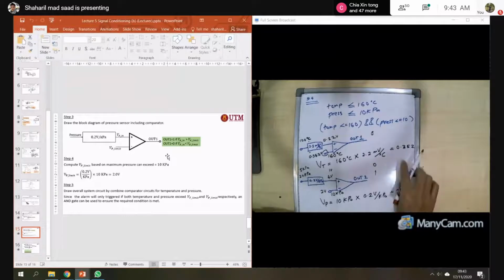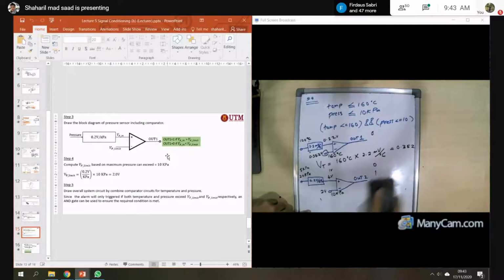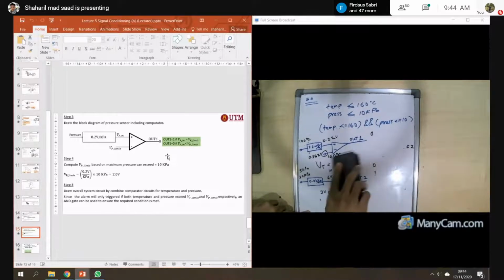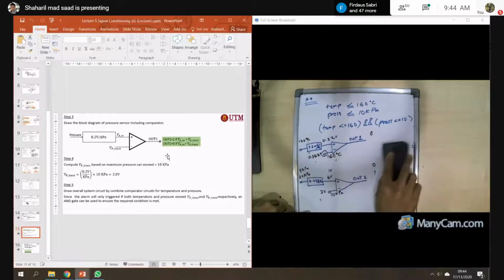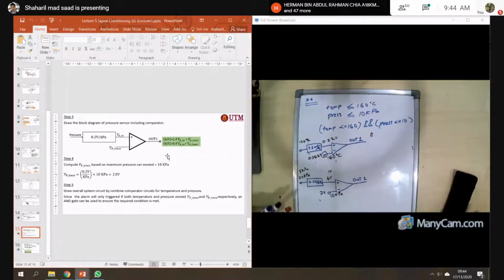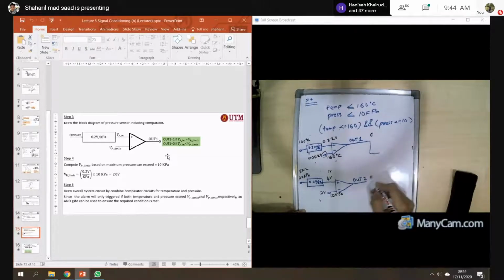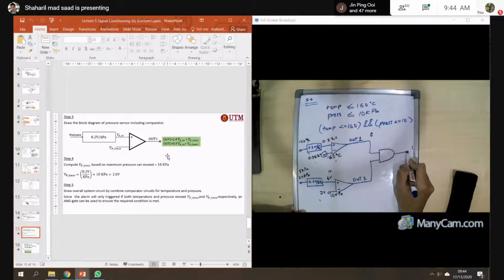So what you need after this is to draw. Maybe I can delete this one first. So these two outputs, we combine them. However, we need this device. We call this one a gate, an AND gate.